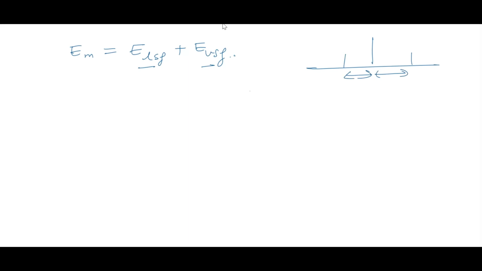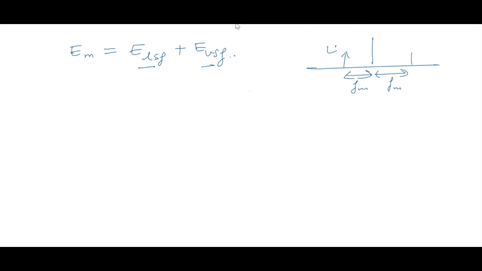We also know that EM, the amplitude of message signal, is the sum of ELSF plus EUSF, the lower side frequency amplitude and upper side frequency amplitude. We have already seen through that spectrum that this distance and this distance are exactly the same, FM and FM.